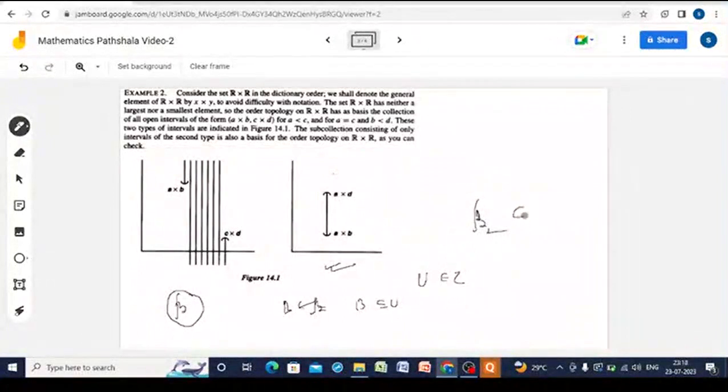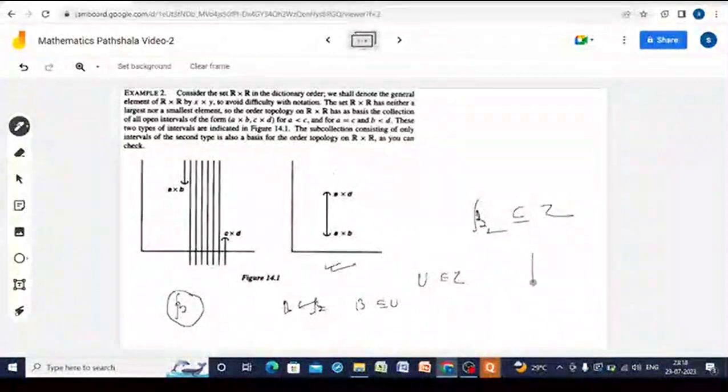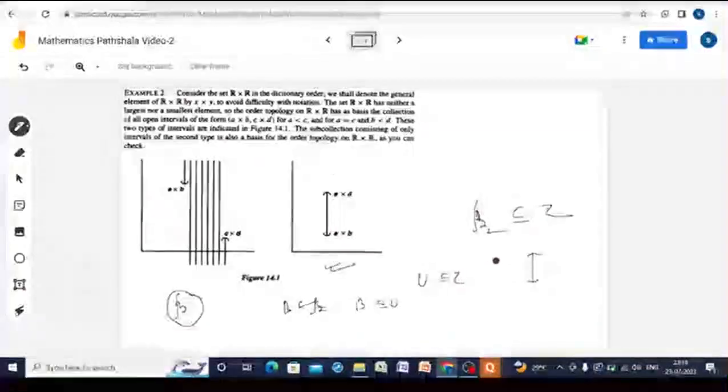And clearly then script B2, that base, is a sub collection of tau. So all the members of script B2 will be open sets. So consider one such line segment from this script B2 and say U equals this line segment.